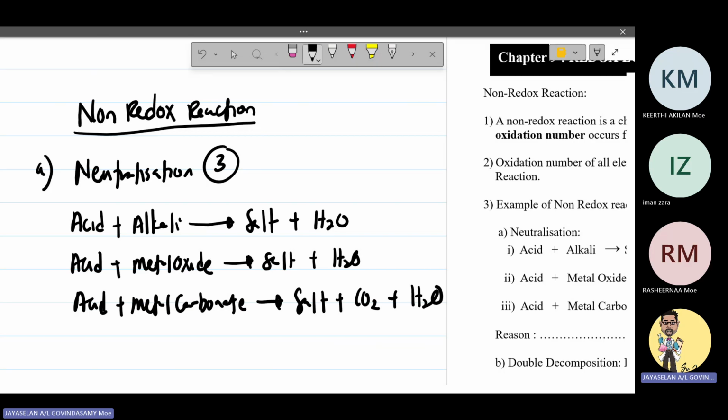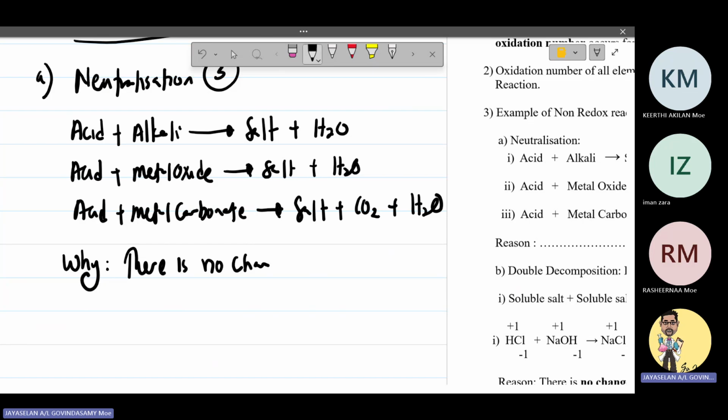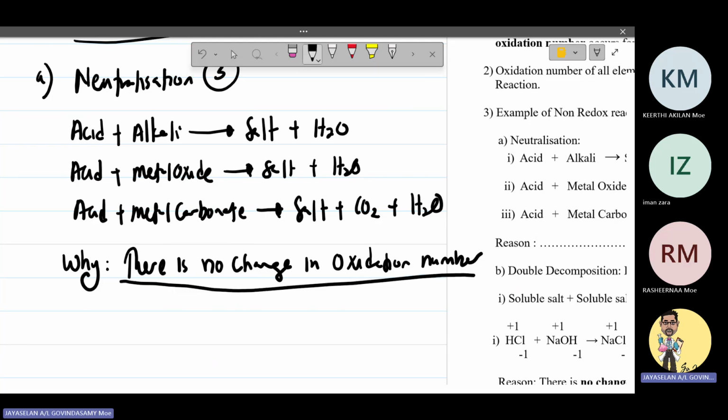If they ask why it is non-redox, your answer is there is no change in oxidation number, no change before and after the reaction. This is the reason you have to write.